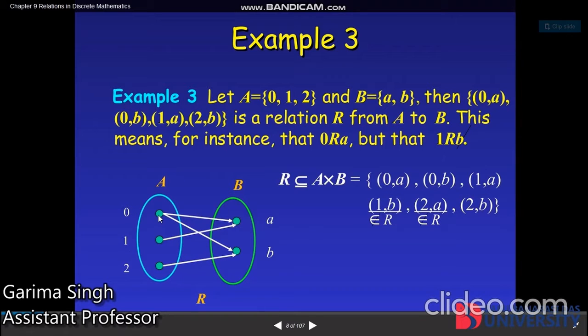The Cartesian product representation is (0, 0), (0, 1), (1, 0), (1, 1), (2, 0), (2, 1). This is the Cartesian product representation. The relation that is given is only a part of that Cartesian product, and that is what is mentioned here.